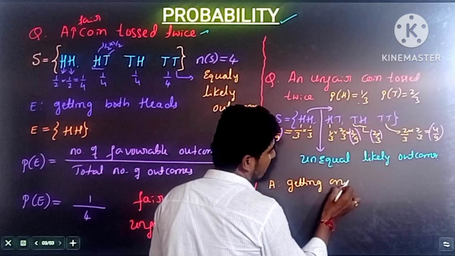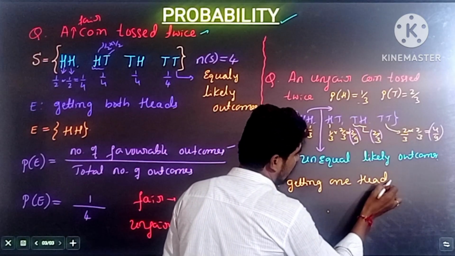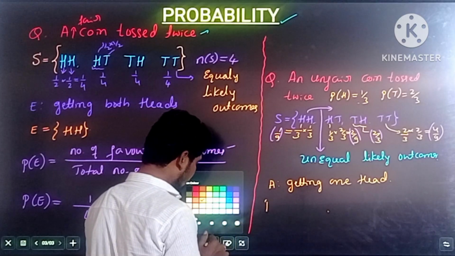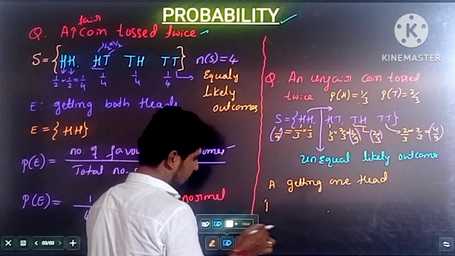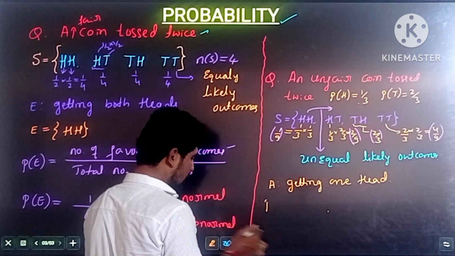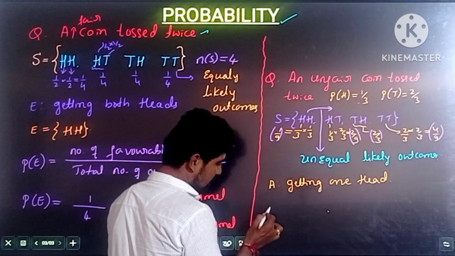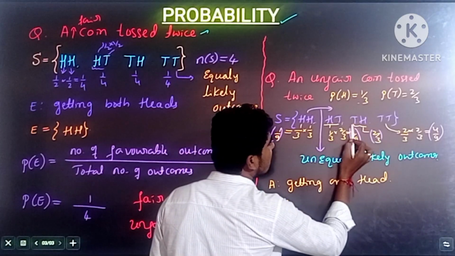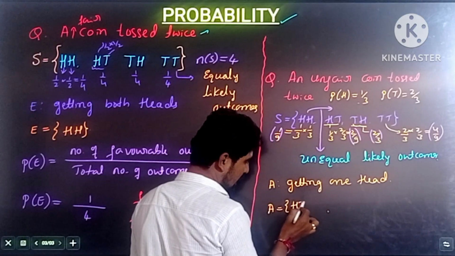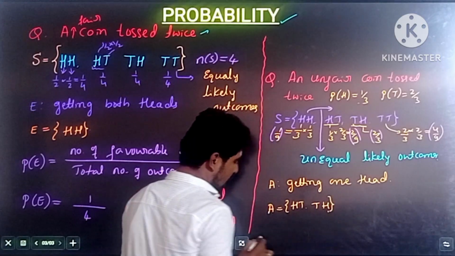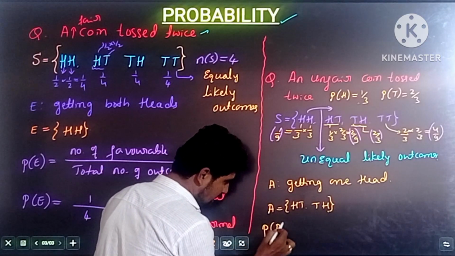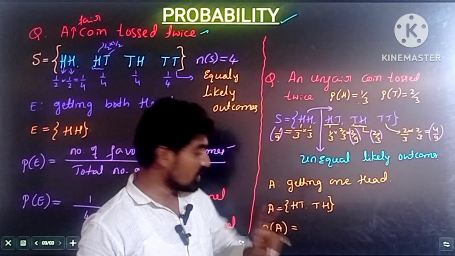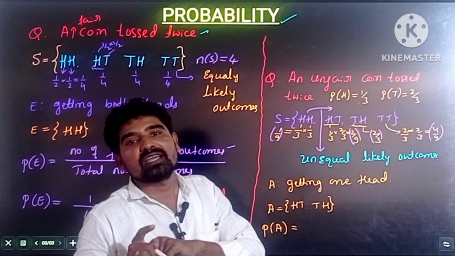Before calculating the probability of the event A, let's write the outcomes of the event A. The possible outcomes of the event A, getting one head, are head tail and tail head. And the probability of A is not equal to the number of favorable outcomes divided by the total number of outcomes, because these are unequal likely outcomes.